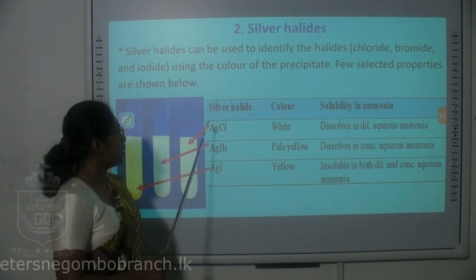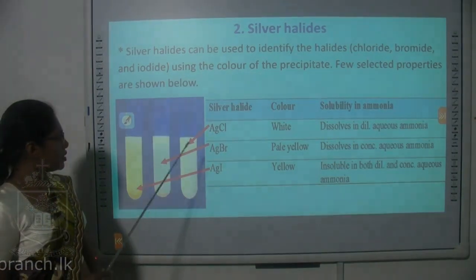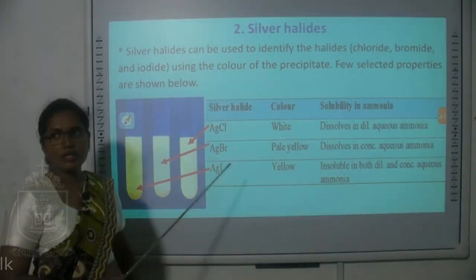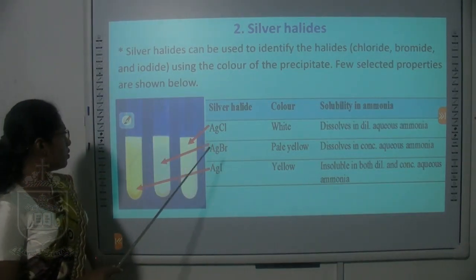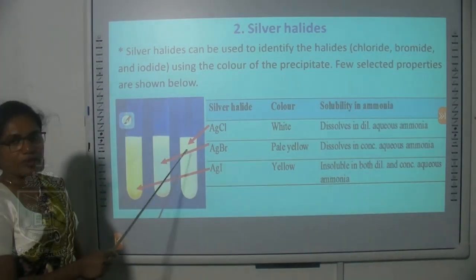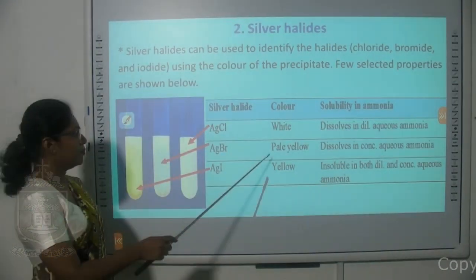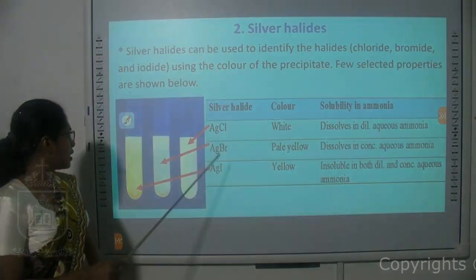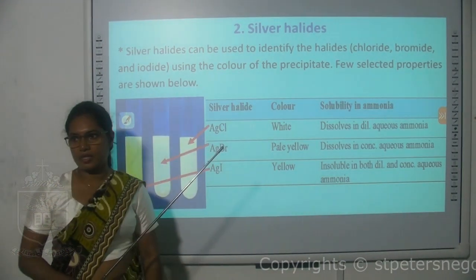When the silver halide precipitates are formed, they show different colors. Silver chloride is white, silver bromide shows pale yellow, and silver iodide is a yellow precipitate.